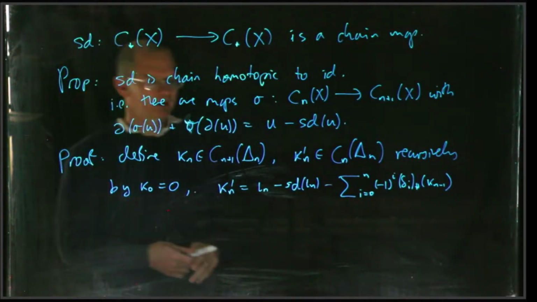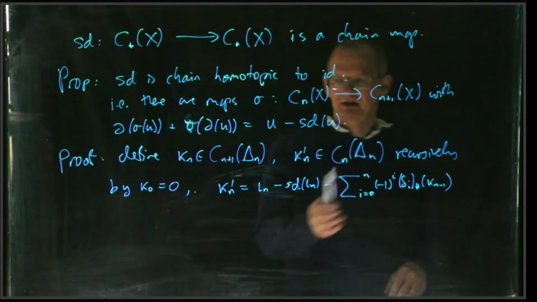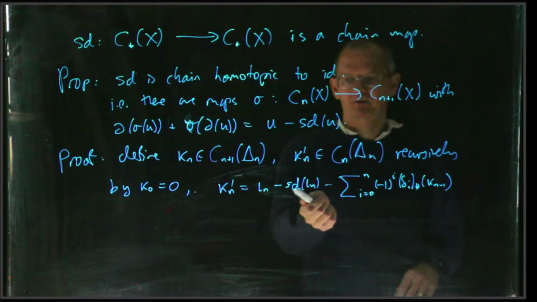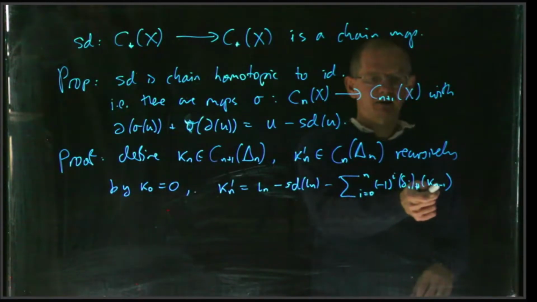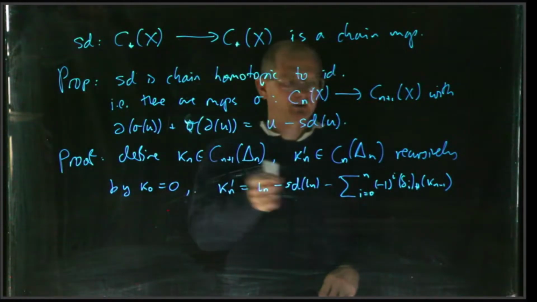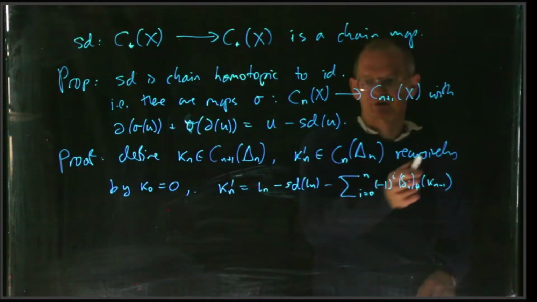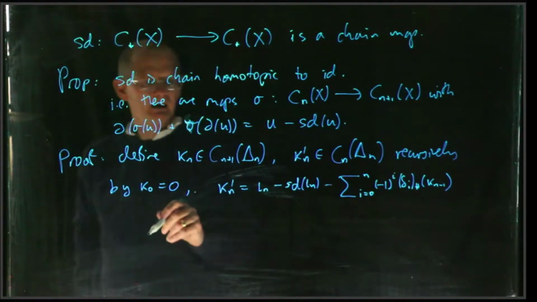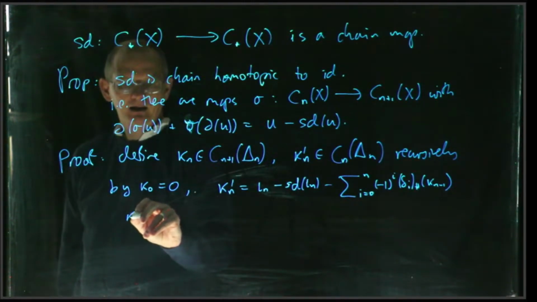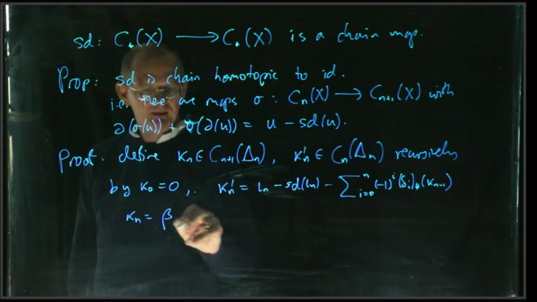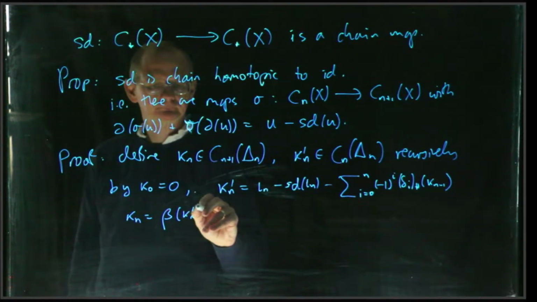Okay, so this is going to be an n chain in delta n. The identity is an n chain, the subdivided identity is an n chain. These kappa n minus 1s were in C_n of delta n minus 1, so we push them forward. This is all happening in C_n. And then kappa n is going to be beta of kappa n prime.